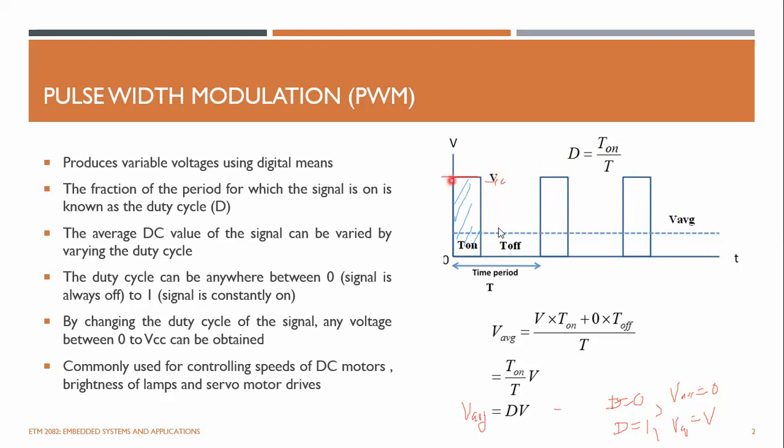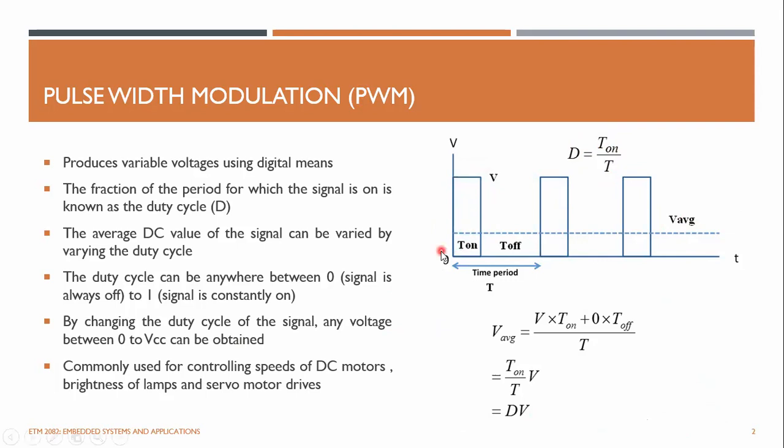For any average value between the supply voltage and 0, the motor speed can be changed. When D is 1, the motor is fully turned on, which means it runs at maximum speed. By changing the duty ratio, the average voltage will be adjusted, and so will the motor speed. This mechanism is basically used for DC motors, which is the application that I'm discussing in this lecture.